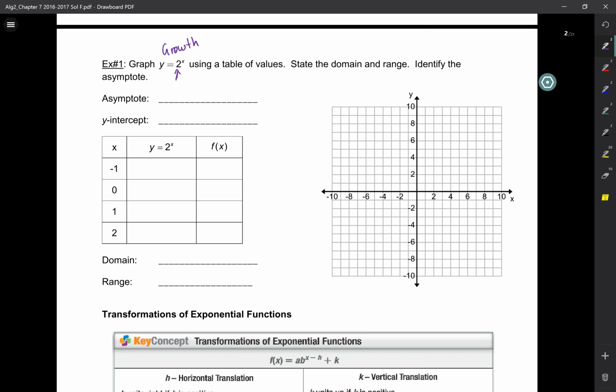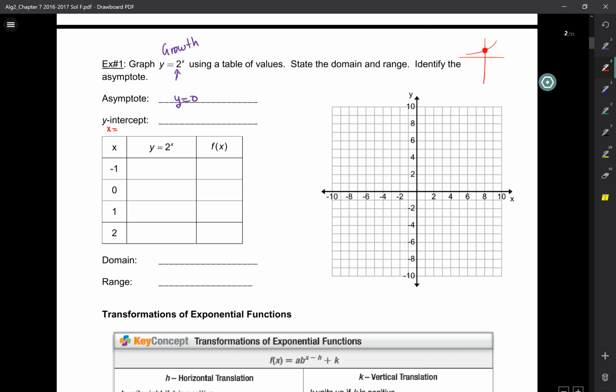All right, so the default asymptote is always going to be y equals 0. And we'll talk later about when it's not going to be y equals 0. Okay, the y-intercept, right? What point is this? At the y-intercept, what's the x value always? 0, right? The y-intercept is when a graph touches the y-axis, and x is 0 at that point.